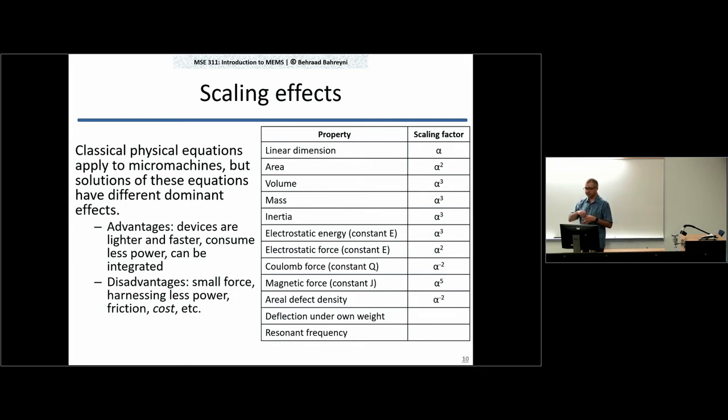So let's assume that we have a certain number of defects or particles that are going to come and sit on your surface. Well, if you reduce the dimensions of your device, the chance of having a particle where your device is reduced if the number of particles in the air is constant, right?